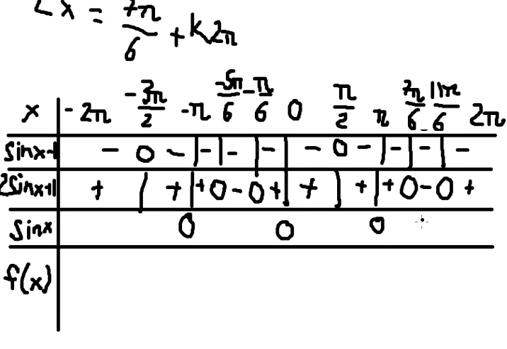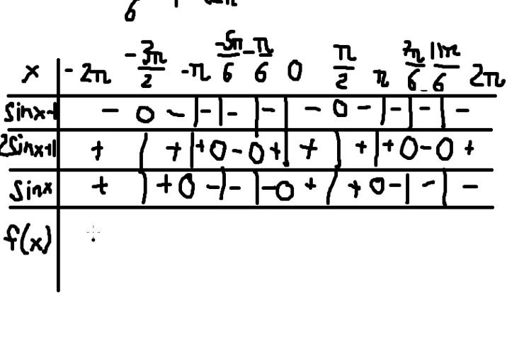We put 11π over 6 here, and we can see that this one is negative 1 over 2. So this is negative, negative, negative. Going across, we have positive, positive, then negative, negative, negative, then positive and positive.